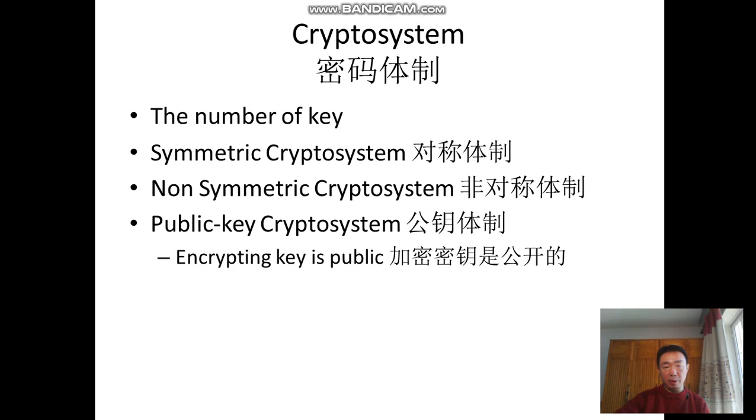As you know, the research of public key crypto system was started by Diffie-Hellman. In this type of crypto system, the encrypting key is public. Everyone knows the encryption key, but the decrypting key is not known to the public. It's just known to the receiver of the message.